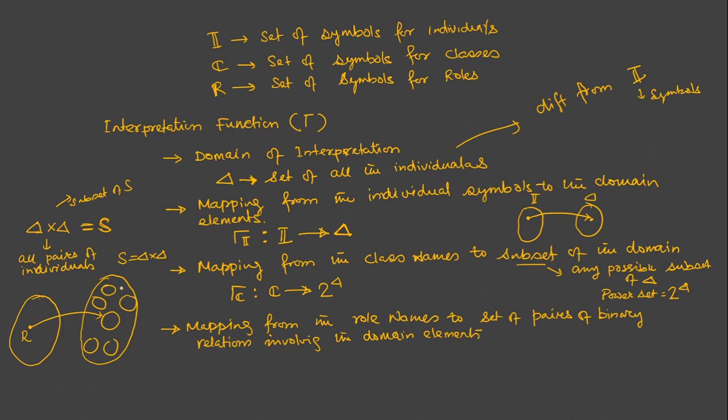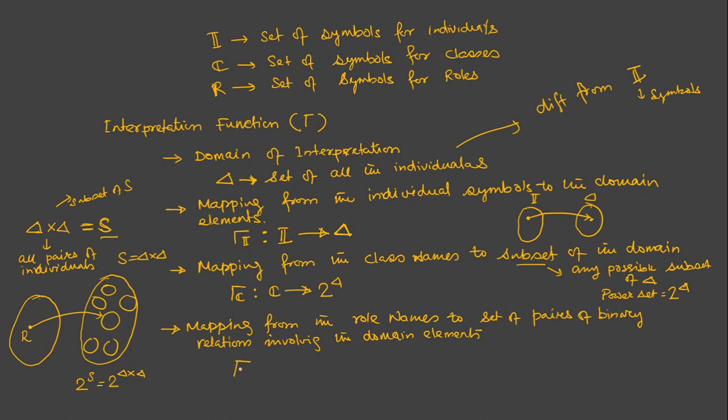So how do we represent all possible subsets of this set? We can represent that with 2 to the power S, which is equal to 2 to the power delta cross delta. And R will be mapped to a subset of this, one out of this 2 to the power delta cross delta.